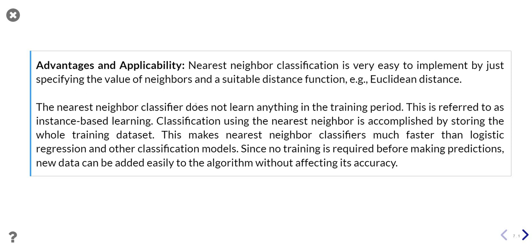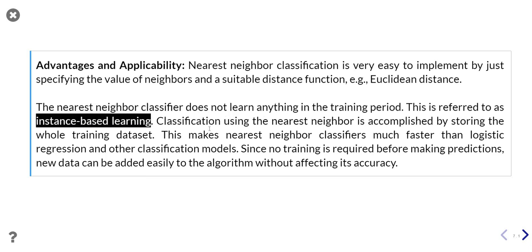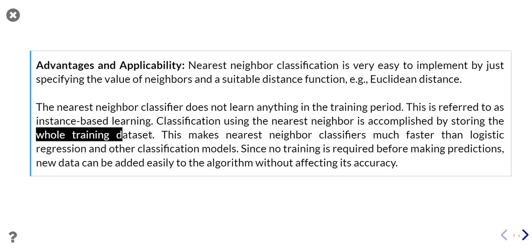The nearest neighbor classifier does not learn anything in the training period. It basically just calculates the distance. It's not optimizing anything. So this is just instance-based learning, using the nearest neighborhood. The classification is done by storing the whole training data set.